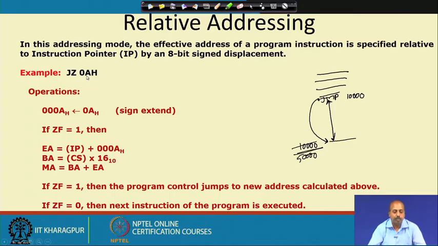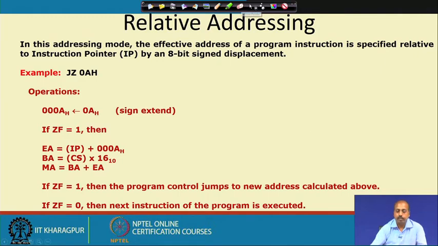So, this distance is unchanged, and we do not have any problem there. It is not dependent on the address at which the program is loaded. So, in case of 8086, this relative addressing will help us in making the program relocatable.